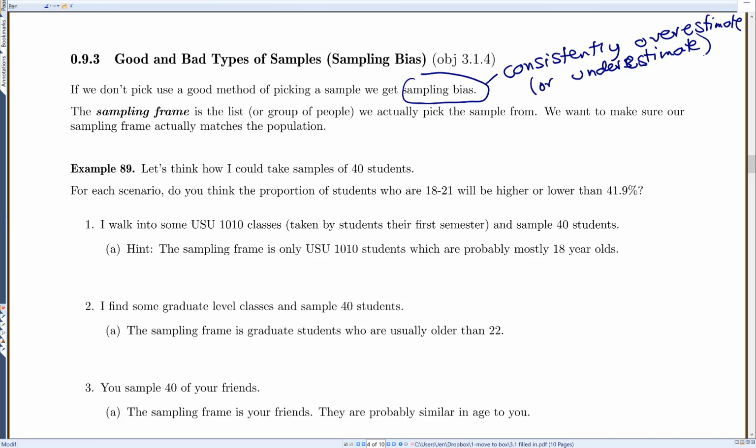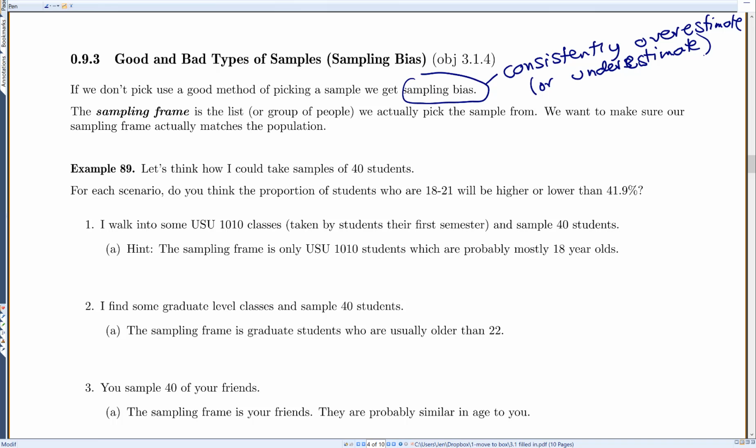Let's think about how I could take a sample of 40 students at USU. For each scenario, do you think the proportion of students who are 18 to 21 will be higher or lower than 41.9%? Let's say I walk into some USU 1010 classes, a class taken by students in their first semester, and sample 40 students. If we only go into USU 1010 classes, those are all students in their first semester, so most of them are probably going to be 18-year-olds.